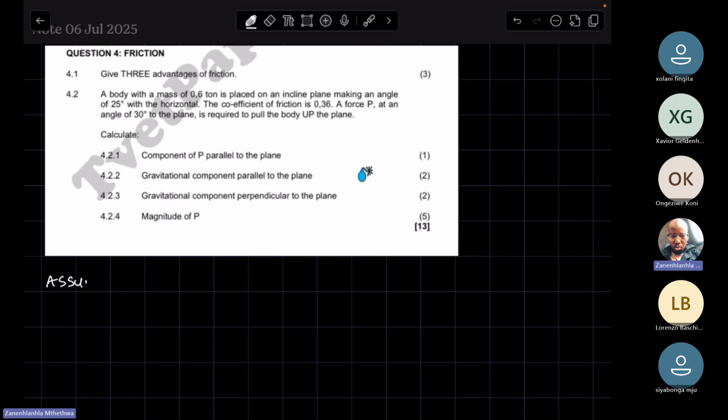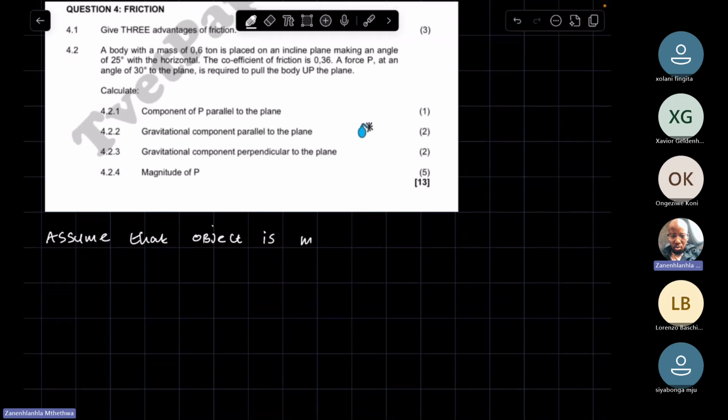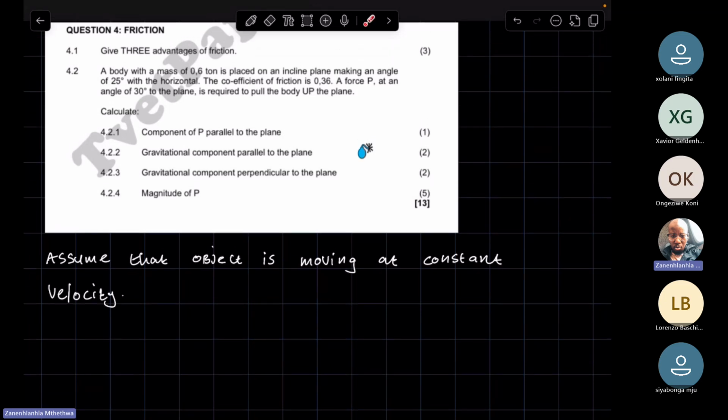that the object is moving at constant velocity. For friction, we always assume that the object is moving at constant velocity unless stated otherwise.